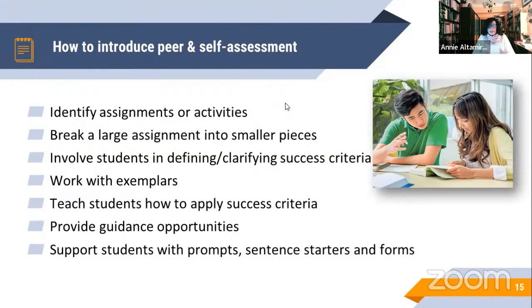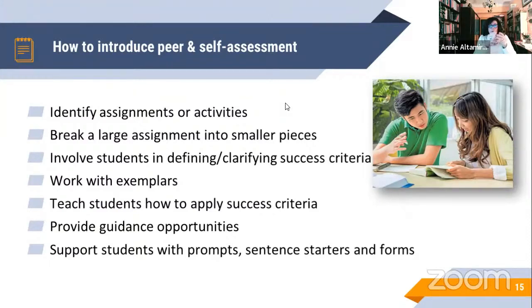To begin with, let's identify assignments or activities for which students might benefit from peer and self-assessment. Not all the activities lend themselves to this type of assessment and feedback. So pick certain activities that lend themselves nicely to peer and self-assessment and feedback.